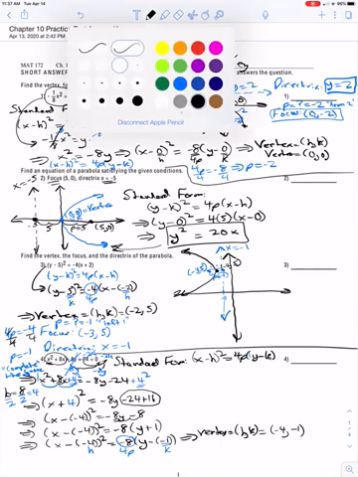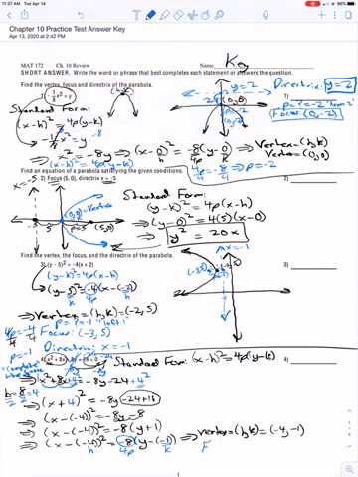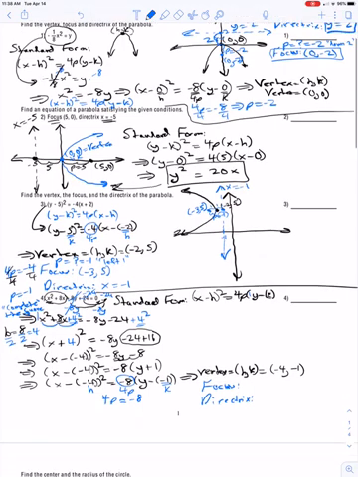Now for our focus, we're going to need the value of p to get to the focus and the directrix. So what does p equal? If 4p equals -8, as we divide out 4 on both sides, we get p equal to -2.